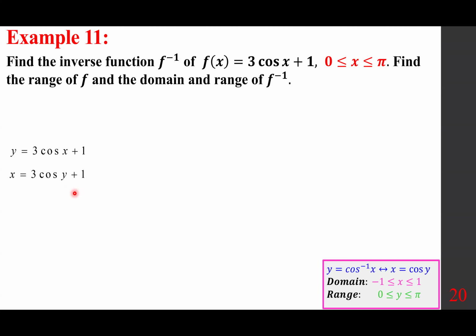Right here, we have the inverse, but we're going to solve for y, which means we're going to move the 1. And then divide by 3. Cosine y is x minus 1 over 3.